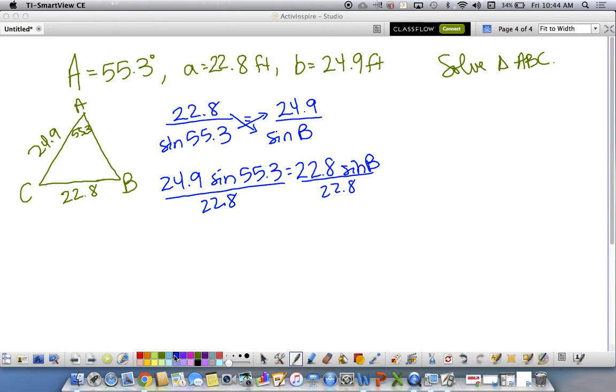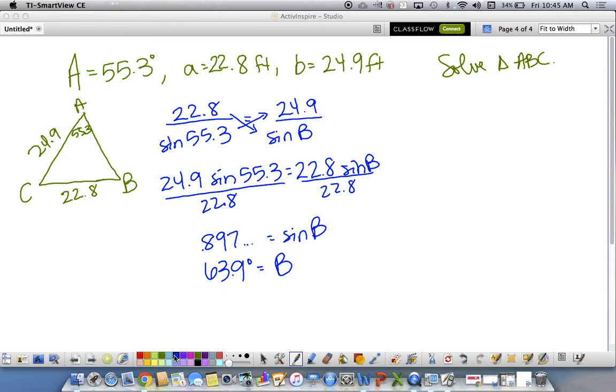This one's actually in my book. So this is a decimal, 0.897, etc., equals sine B. Yay! It makes a triangle, at least one. Okay? So when I plug in the inverse sine of this number, I'm going to get that 63.9 degrees is angle B.